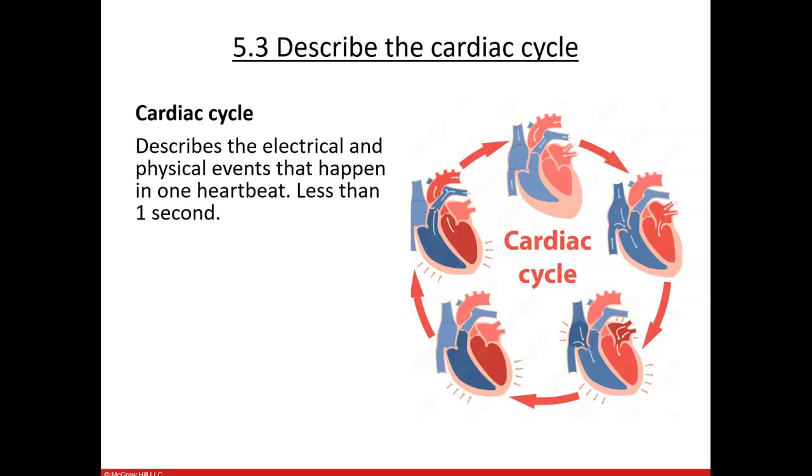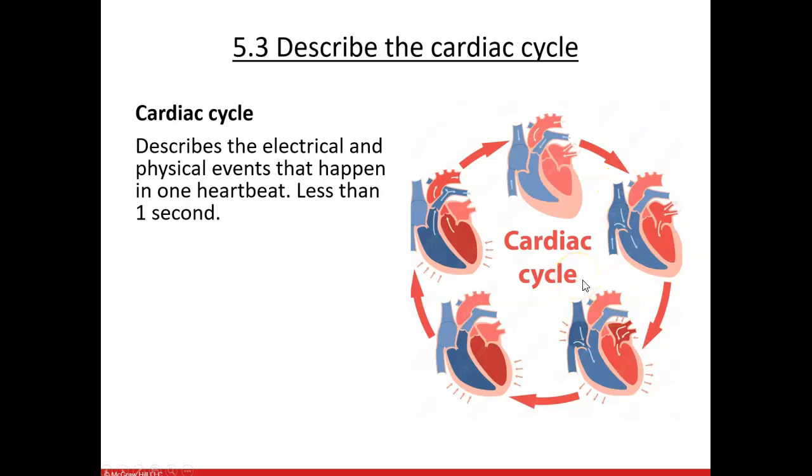Okay, so the cardiac cycle. What we mean by the cardiac cycle is what happens during one heartbeat, which is less than a second. And there's electrical events, there's physical events. I just don't have time in this course to talk about the electrical events, but some of you know about people that have problems with the cardiac cycle, getting their heart to beat normally because they have pacemakers.